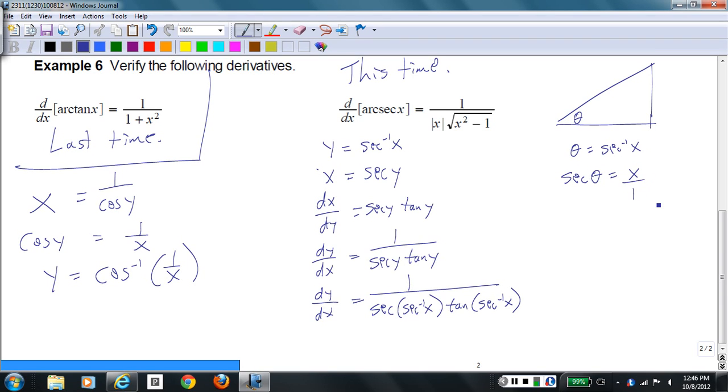And we could write that as x over 1, but it turns out that it causes problems if we write that as x over 1. Because secant, what's the ratio for secant? Hypotenuse over side adjacent. Now, it's not a bad idea to let the opposite side be x or the adjacent side be x, but if we let the hypotenuse be x, when you think about when we do unit circle trigonometry, the hypotenuse is generally a positive number.